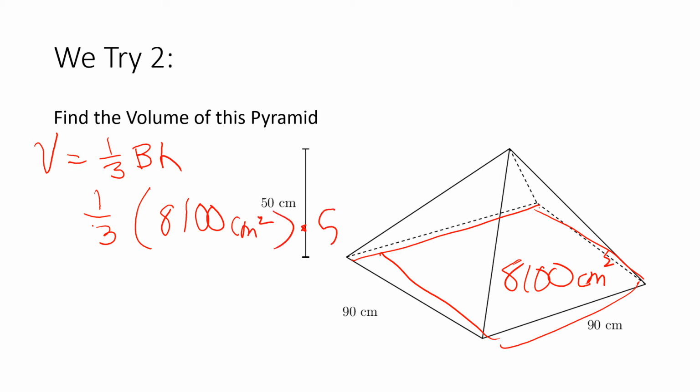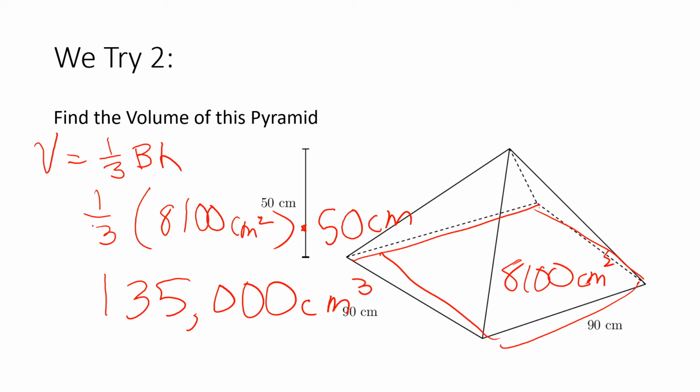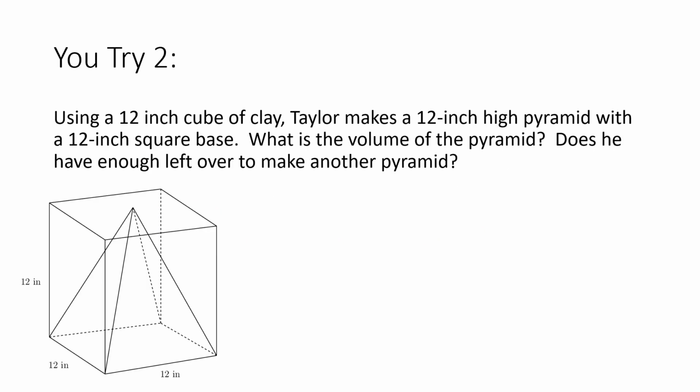My height is 50 centimeters. So 8,100 times 50 is 405,000. Then I want to multiply it by 1/3, and I'll get 135,000 centimeters cubed as my volume. My volume is 135,000 centimeters cubed. Go ahead and pause the video and try this one on your own.